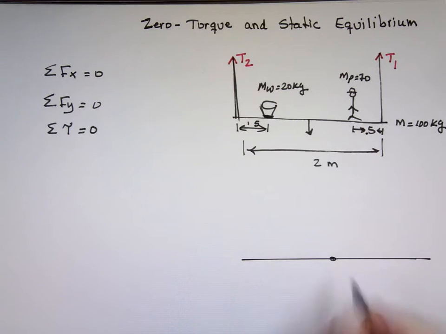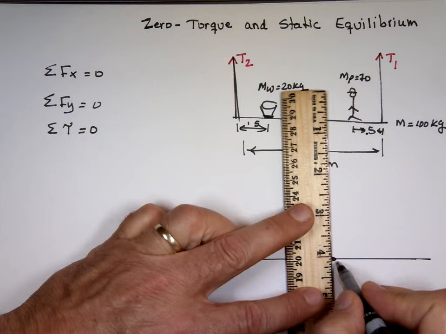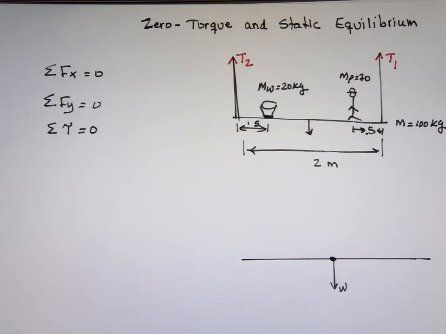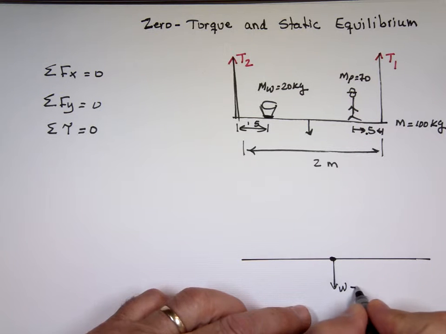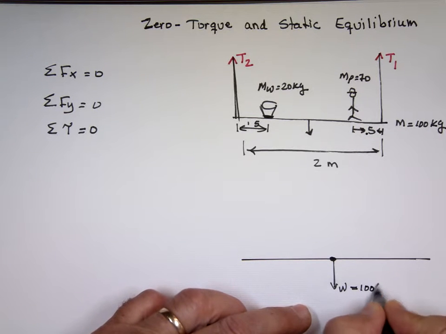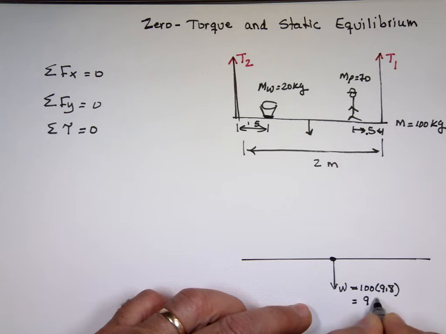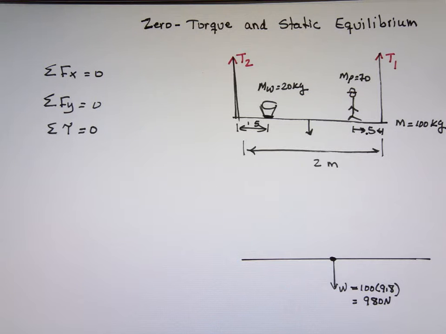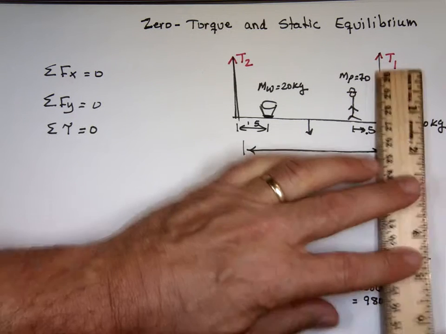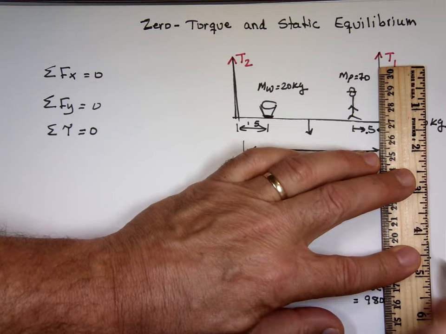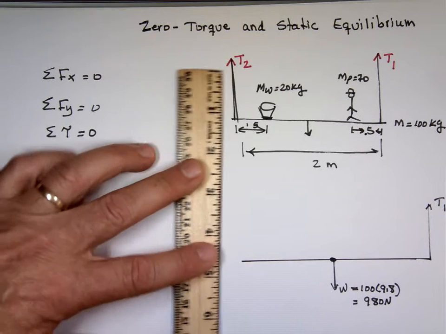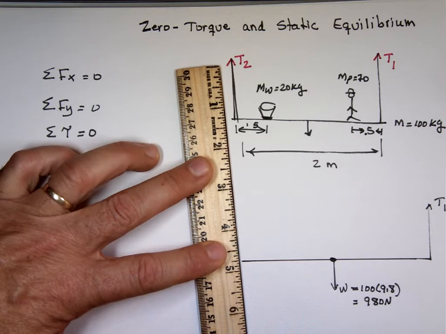Let's begin with the weight. The weight of the beam itself is the mass of the beam, which is 100, times gravity, which is 9.8, which is 980 newtons. You get the cable here, T1 pulling up. You get T2 pulling up.